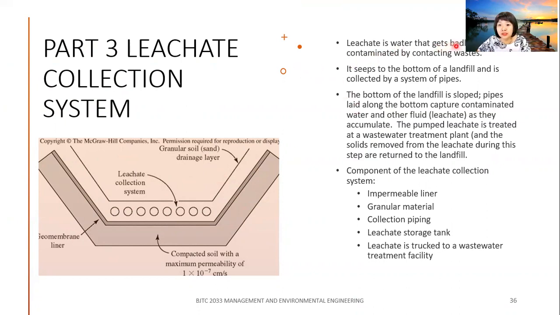Leachate is the water that gets badly contaminated by contacting the waste. It seeps into the bottom of the landfill and is collected by a system of pipes. The components are impermeable liners, granular materials, collection pipes, a leachate storage tank, and then it is trucked to a wastewater treatment facility.